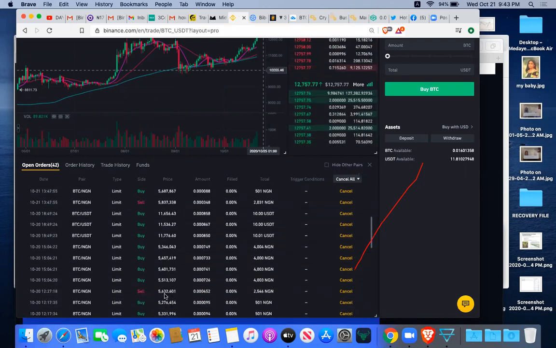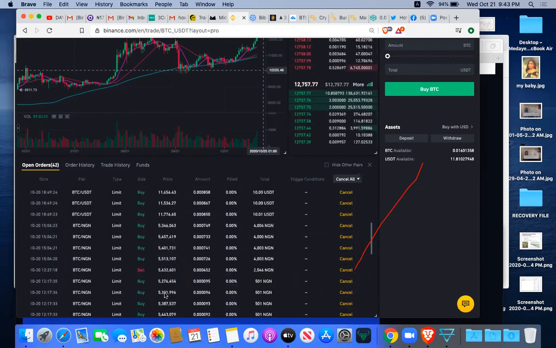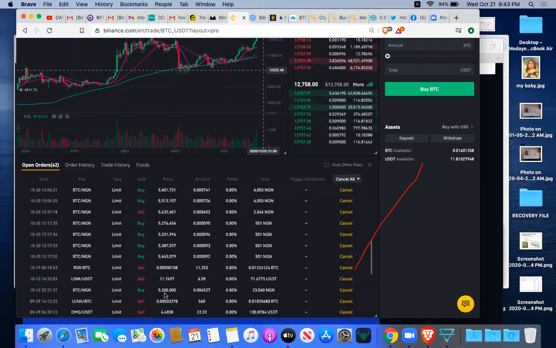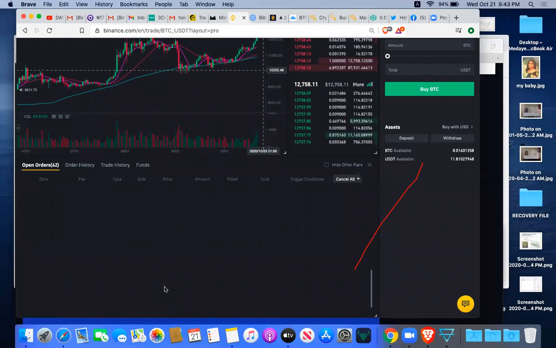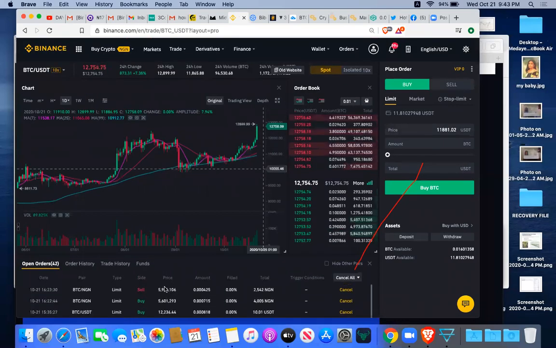You can see the others, Chainlink, Luna, UNI, and all of that. There are a lot of them like that. So BTC to Naira set at 5,981,000 naira. At what rate is it now?